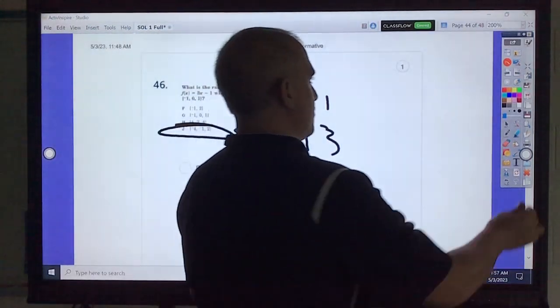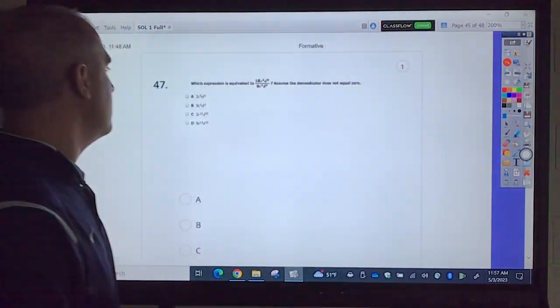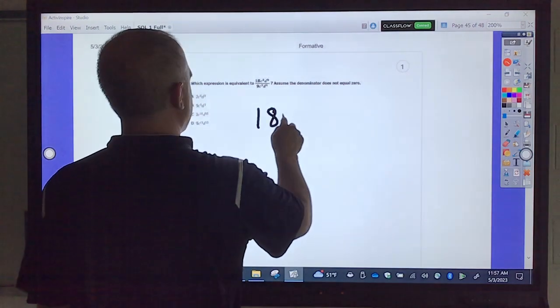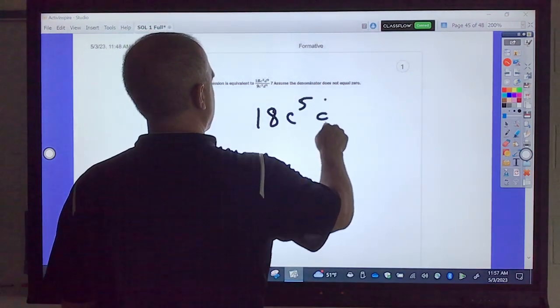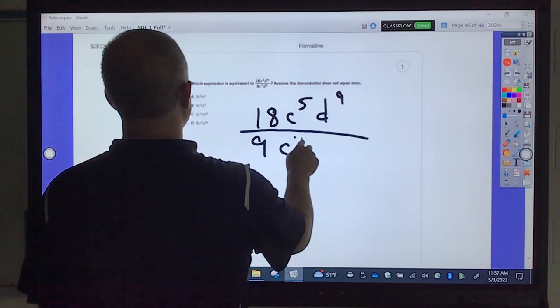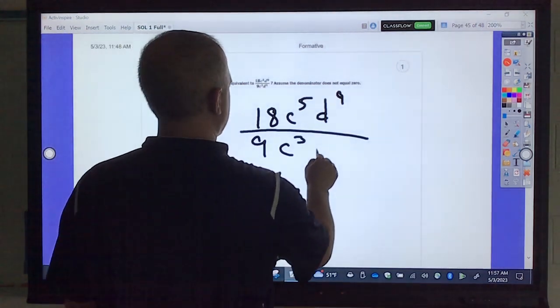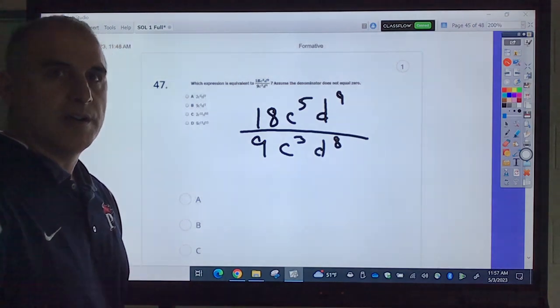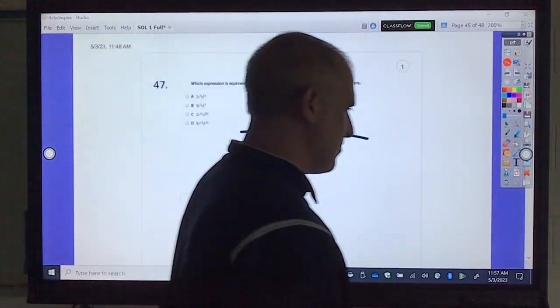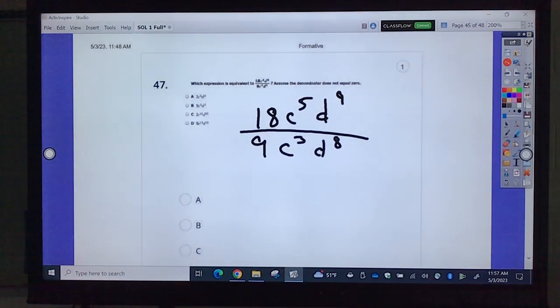All right, moving on. What is the expression? Assume the denominator. I think 9, I think it's C, 3, D, 8. What you have to do here, actually I can't really read that very well.